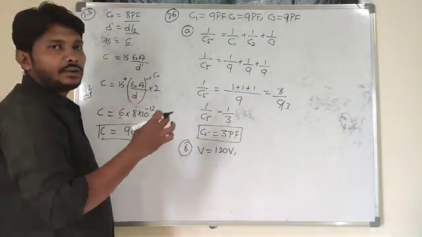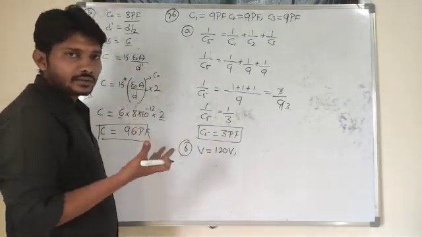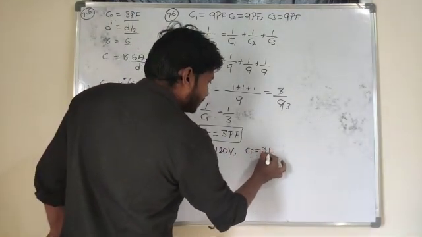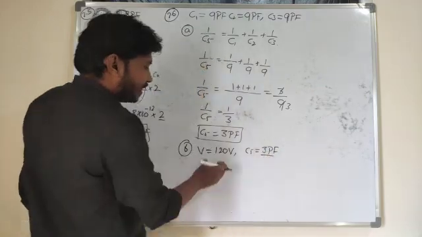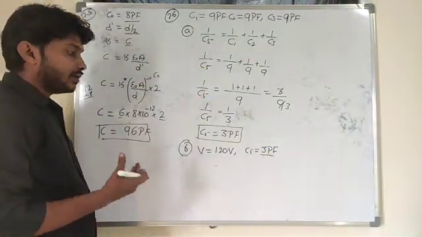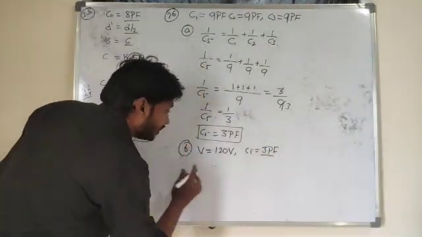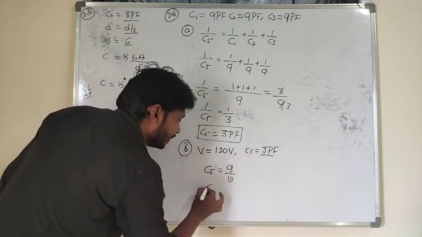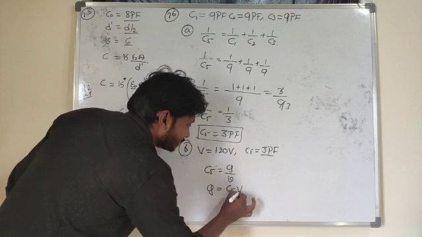In case of series combination, total potential difference is equal to the sum of the individual ones. I got the effective capacitance as 3 picofarad, and they mention that voltage is 120 volt. First I want to calculate the charge here. C of S is equal to Q by V, so Q is equal to C of S into V.